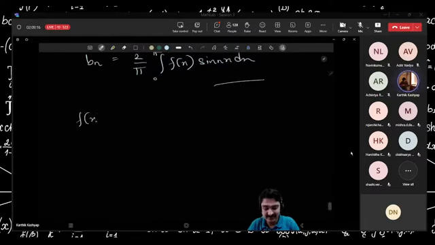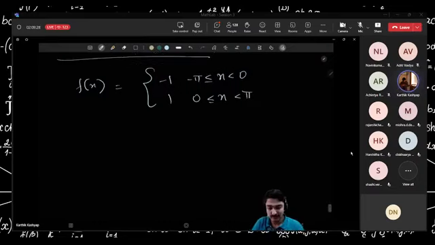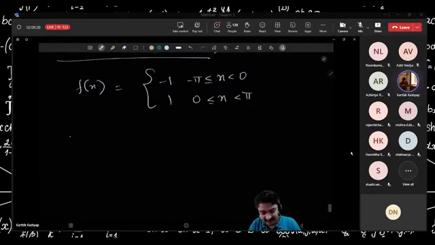So the given function is f of x is -1 from minus pi to 0 and 1 from 0 to pi. For this, before finding a0, we can notice one thing. This is an odd function.